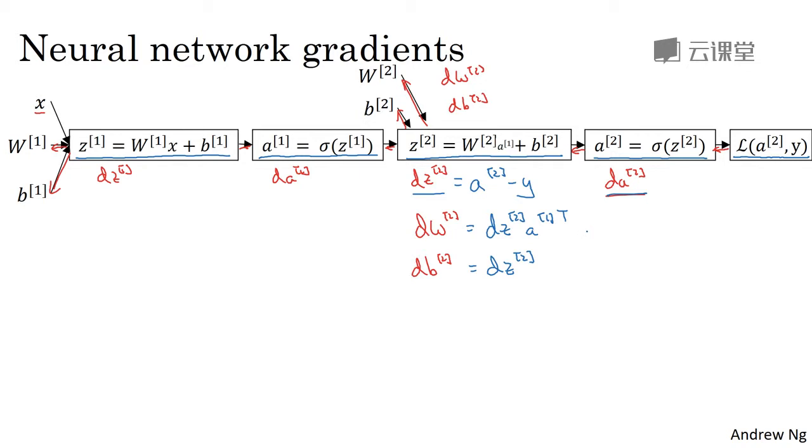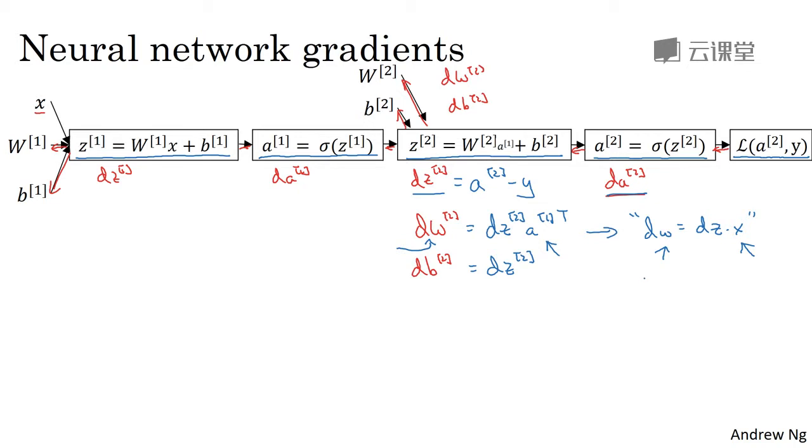So this step is quite similar to logistic regression, where we had that dw was equal to dz times x, except that now a1 plays the role of x, and there's an extra transpose there because of the relationship between the capital matrix W and our individual parameters w.